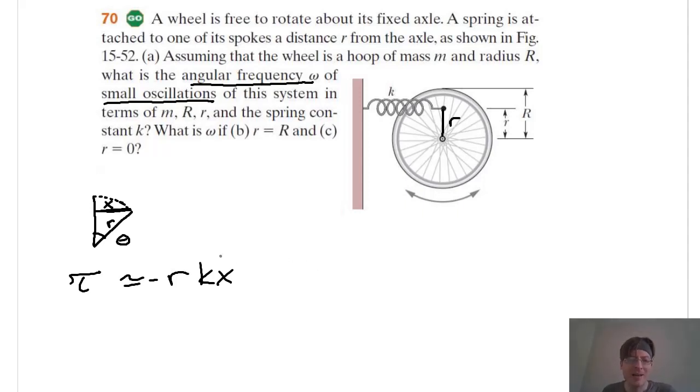Okay, now I need to write down x in terms of the angle theta. So let's do that. This is minus r times k times x. And how big is x? Well, it's r sine of theta.